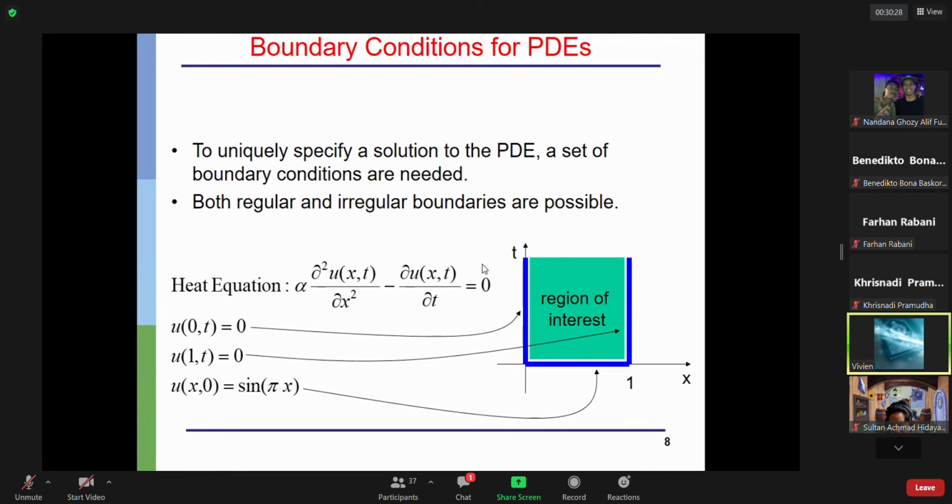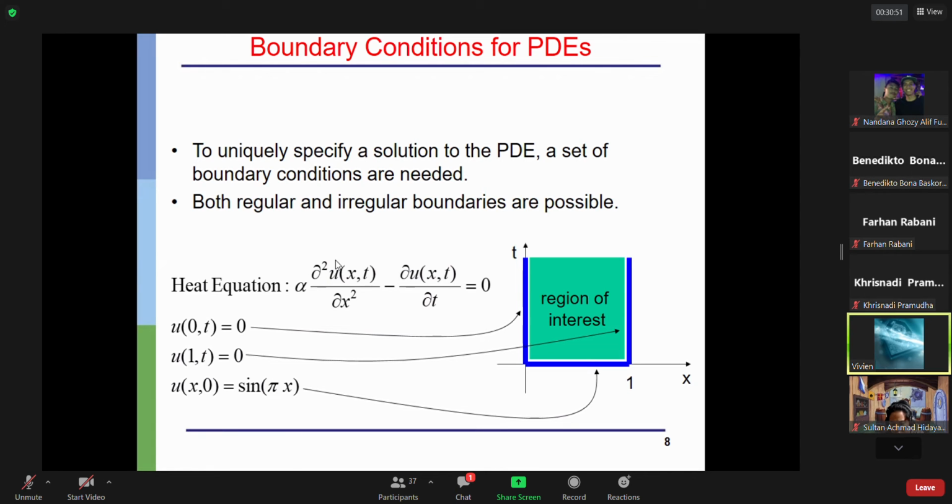Okay, so what are the boundary conditions that we can give in this case? It depends on the type of the PDE. For example, here we have the second derivative of u in x direction. It means that if we have a second derivative, we need two boundary conditions to define this one.